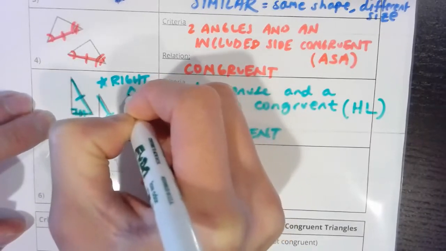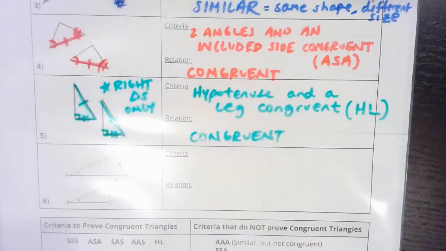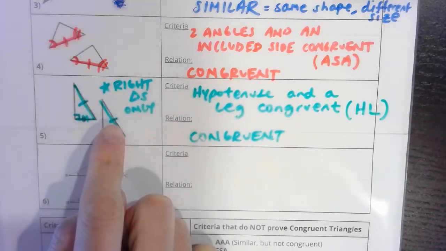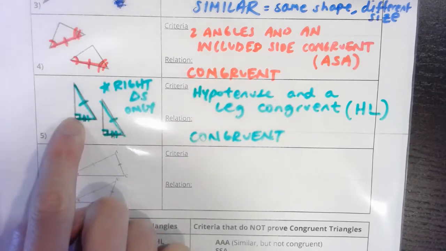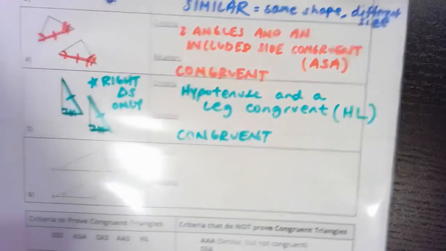So I'm going to say right triangles only, because you have to have a right triangle for it to have a hypotenuse. So always look for that right angle symbol first before we can conclude it's hypotenuse leg.